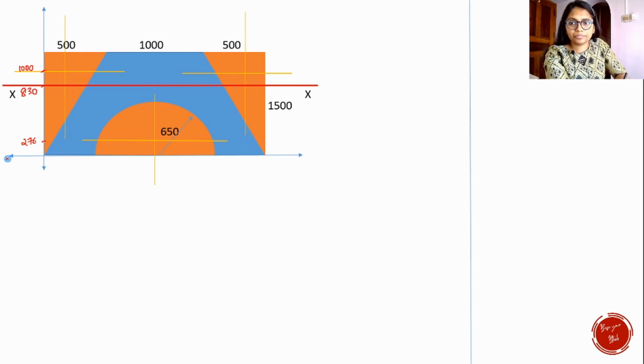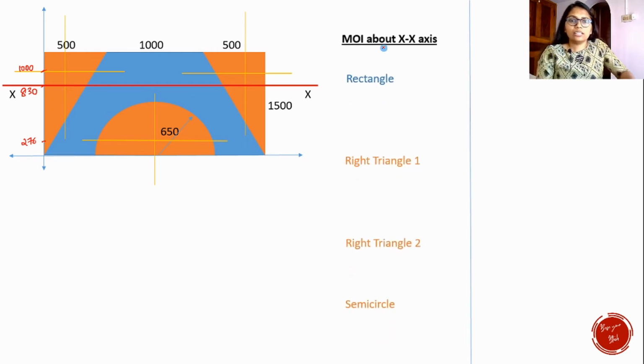So let's find out the moment of inertia about x-axis, and the main formula is Ixx equal to Igx plus a1 y square.